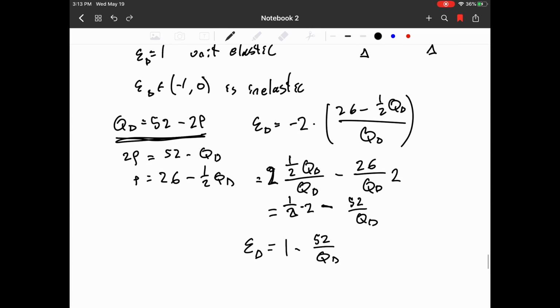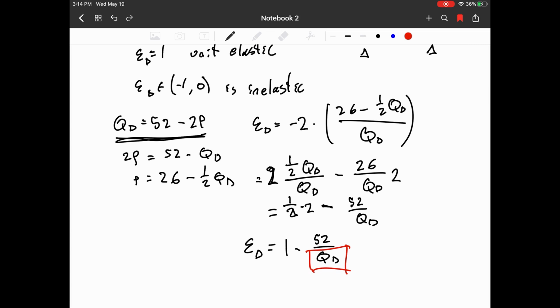And you can see we have qd in the bottom here. And what this relationship is telling us is no matter what qd we care about, we can just plug in our qd, and it tells us the elasticity, the instantaneous elasticity of demand at that particular point on the demand curve. And this is cool, right? In the past, we've really only used sort of discrete points on the demand curve.